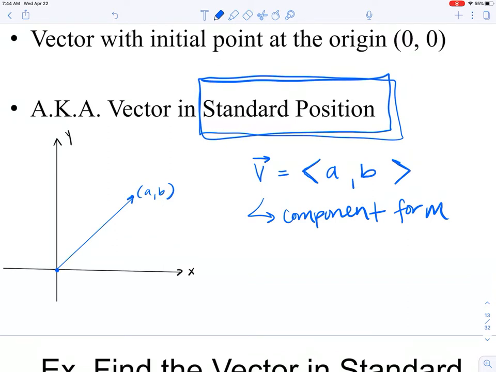Of a vector, and the reason it's referred to as component form is because you can easily see the horizontal and vertical components of the vector. A is referred to as the horizontal component, and B is referred to as the vertical component.